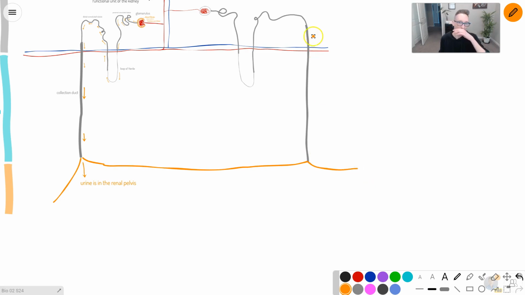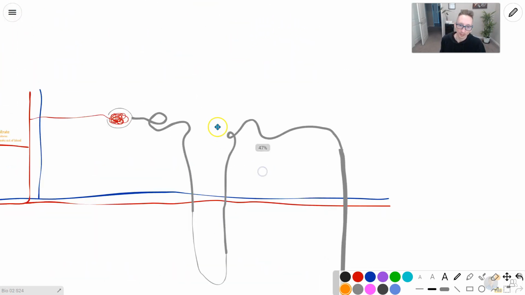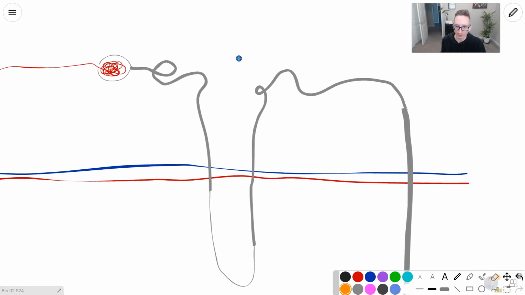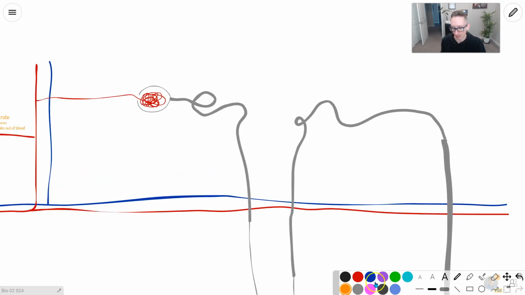Same as before. Nothing has changed. But we're going to add to it. So what happens is this blood vessel in this glomerulus doesn't just end there, right? The blood vessel needs to connect back to this system over here. And what it does is it actually comes out and it wraps around the proximal convoluted tubule. And it's very tightly associated with all of this.